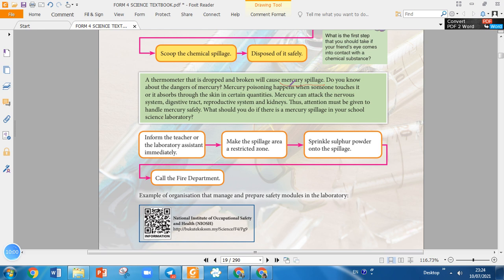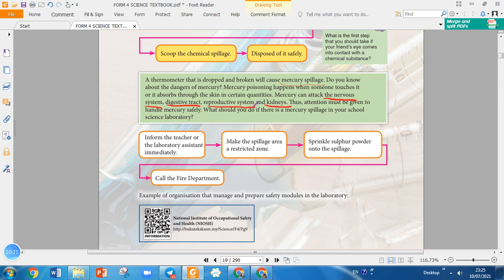Mercury poisoning happens when someone touches it or it is absorbed through the skin in certain quantities. Mercury can attack our nervous system, digestive tract, reproductive system, and kidneys. Thus, attention must be given to handle mercury safely.